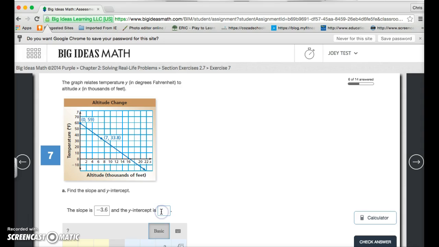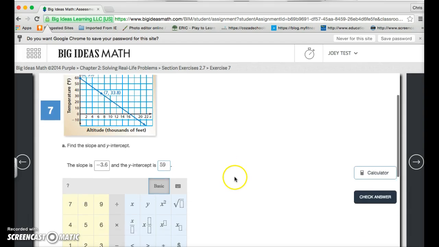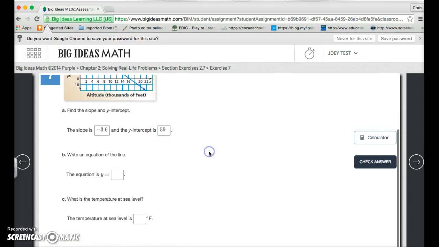And the y-intercept, we already know what the y-intercept is. What does it say up in the graph? 0, 59. So can you write an equation in slope-intercept form if I know my slope and my y-intercept?